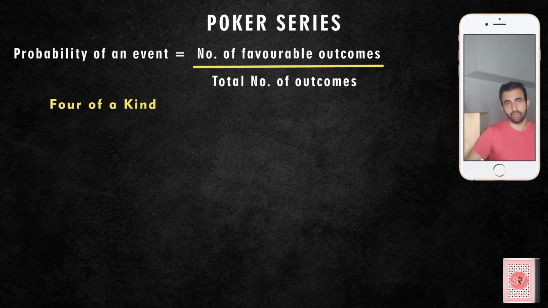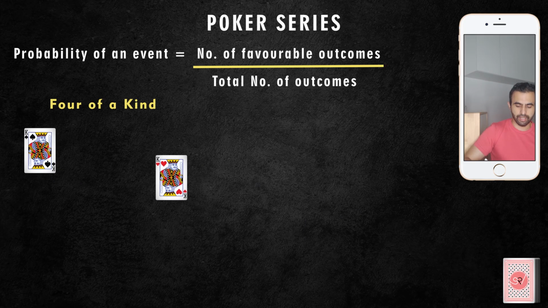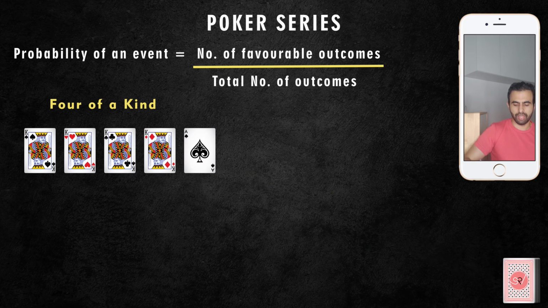So, four of a kind is when you have accumulated all the suits, which means you have all the aces in the deck or all the kings in the deck. So, let's say I have all the kings in the deck. You don't care about what the last card is. The last card could be anything. The last card could be an ace. The last card could be a queen. Nobody cares because that's the last card. It's the random card that's left over.